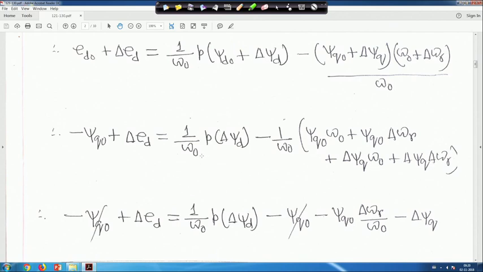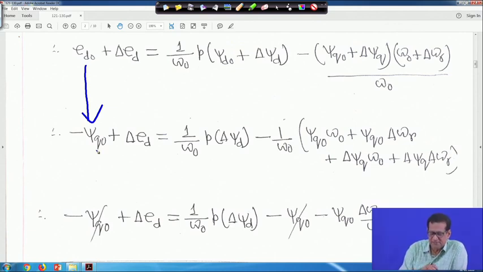In this case, there should not be any sort of confusion, ED0 we have seen, ED0 is equal to minus psi q0, just on the previous page we have seen, and that has been substituted here, right, and this one multiplied, and is equal to whatever it is coming, right.